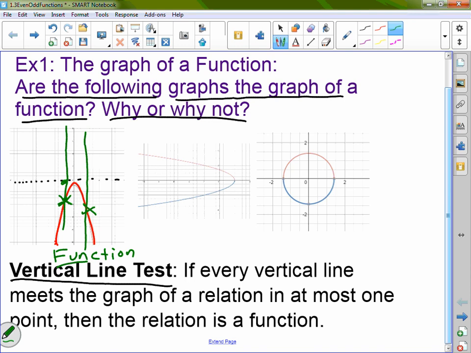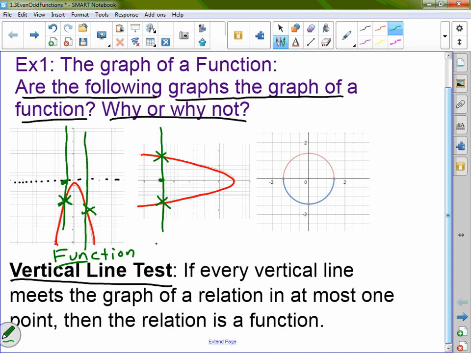Okay, so let's look at our next one. We have this sideways parabola. And if we were to do that same test, picking some x coordinate along the way here, let's say you pick this x coordinate, and I say, hey, what's my y coordinate? Oh, it's that one. Or it's that one. Oh, that's the problem.